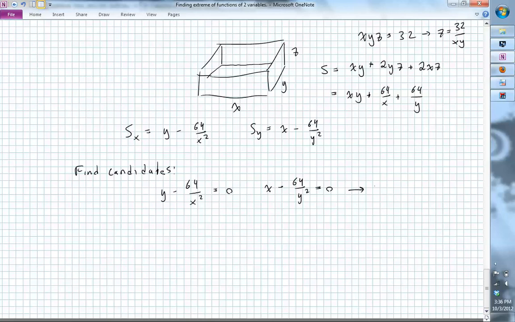Eliminate one of the variables, just start solving the system. I'm going to go the other way here. X equals 64 over Y squared, like that. Take that and drop it into the first equation.